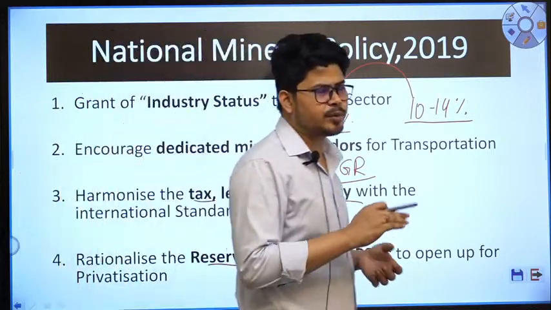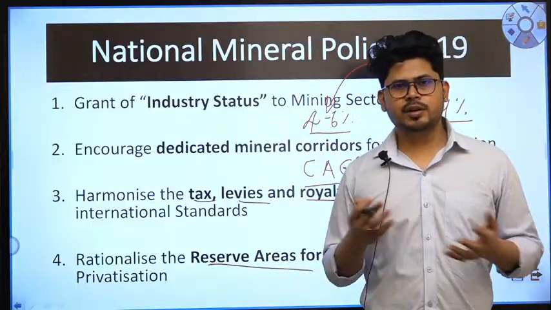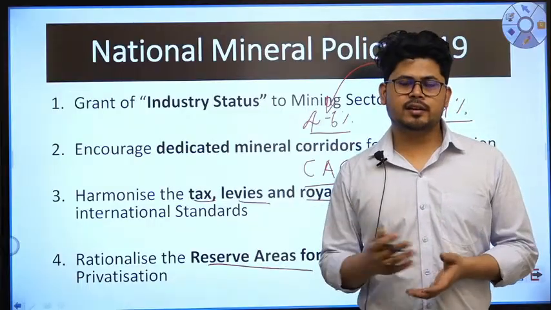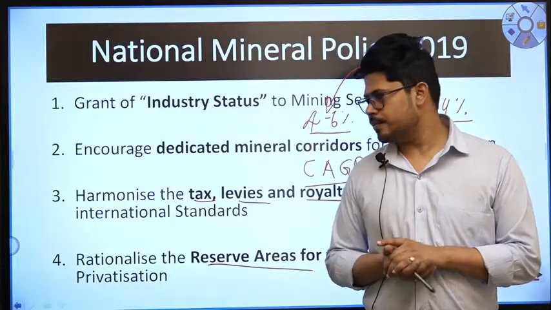despite the fact that India produces 88 minerals and the capacity of India is similar to Africa and Australia, still we are importing coal from Australia and other minerals from other countries.